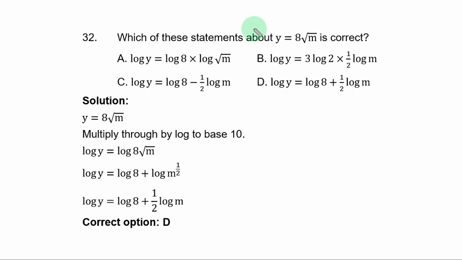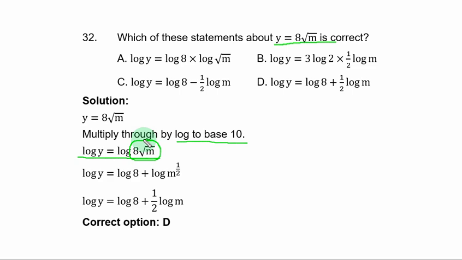Question 32. Which of these statements about y equal to 8 root n is correct? From the options, you need to multiply through by log to base 10. You know product implies addition.